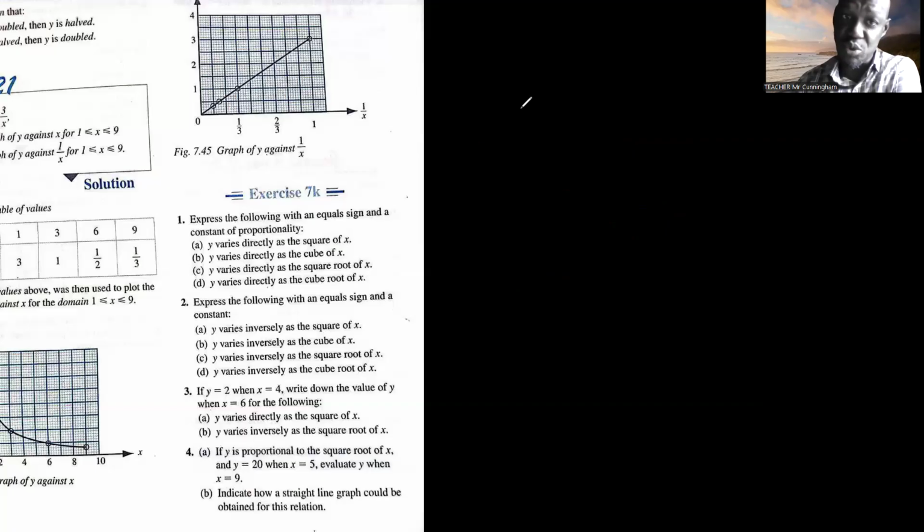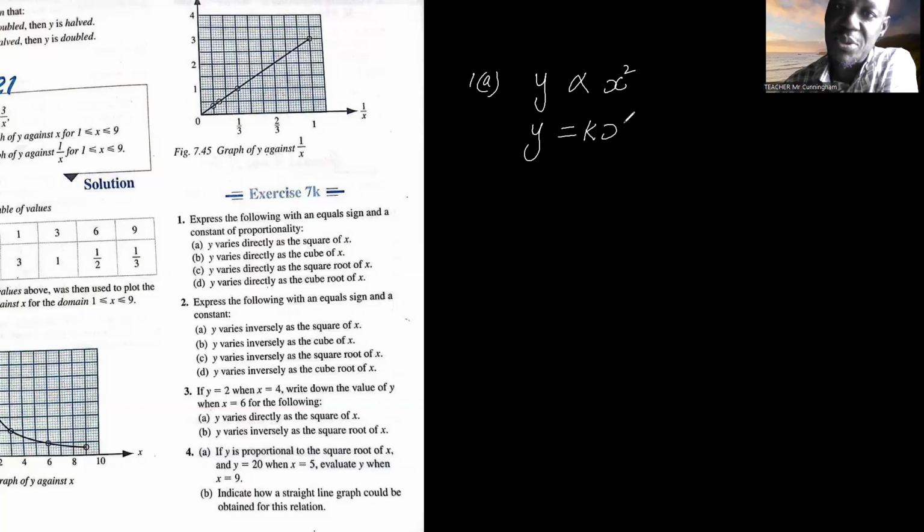So let's look at number 1A. Y is directly proportional to x, the square of x. Therefore, y is equal to k times x squared.